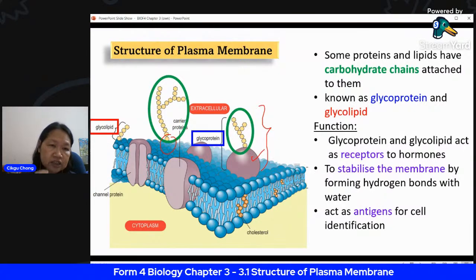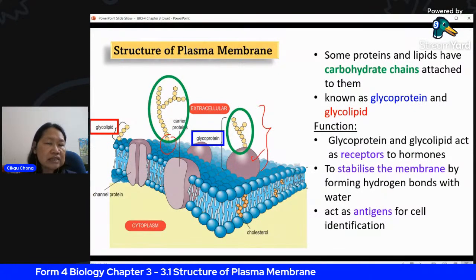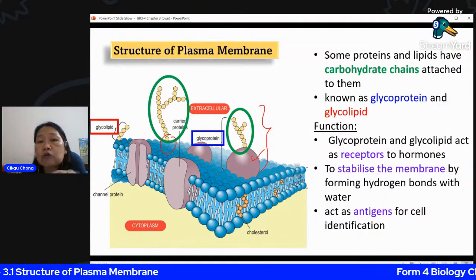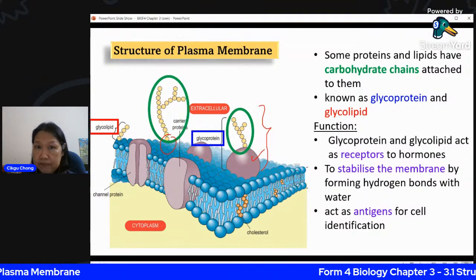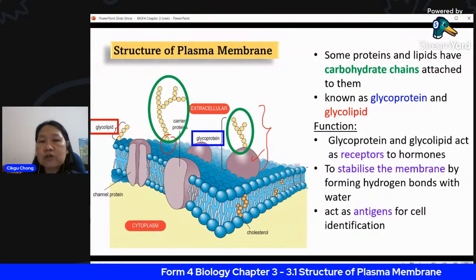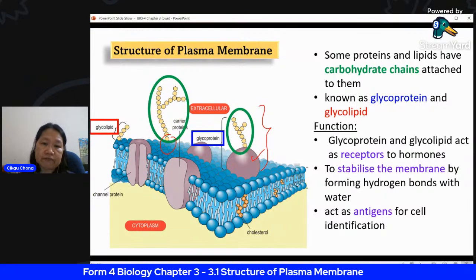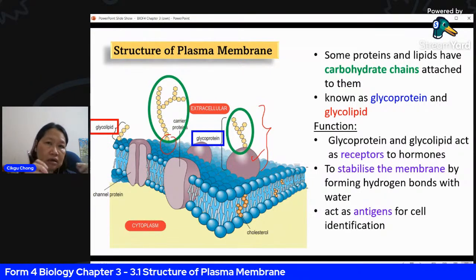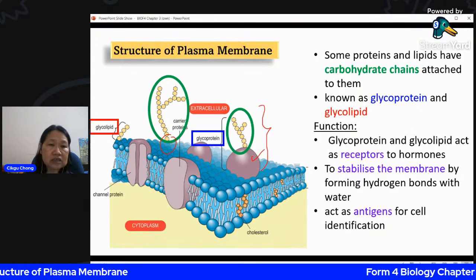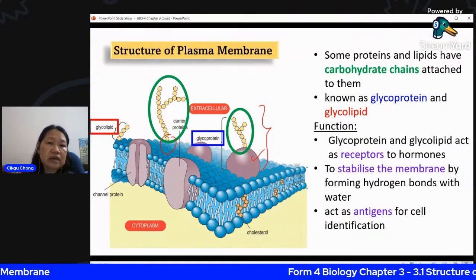Okay, antigen is like substances. More or less most of it are proteins that attach to the outer surface of the membrane. So they function as an identification mark for the cell itself. Okay, so it's just some kind of identification for the cell. All right. So these are the three functions of this glycoprotein and glycolipid.